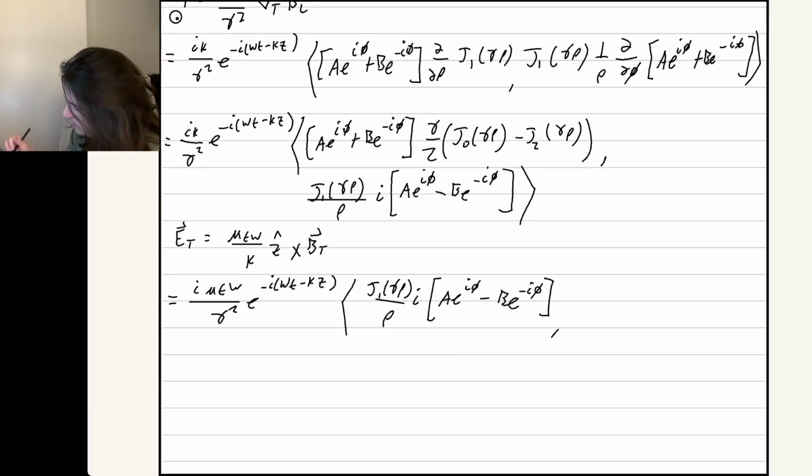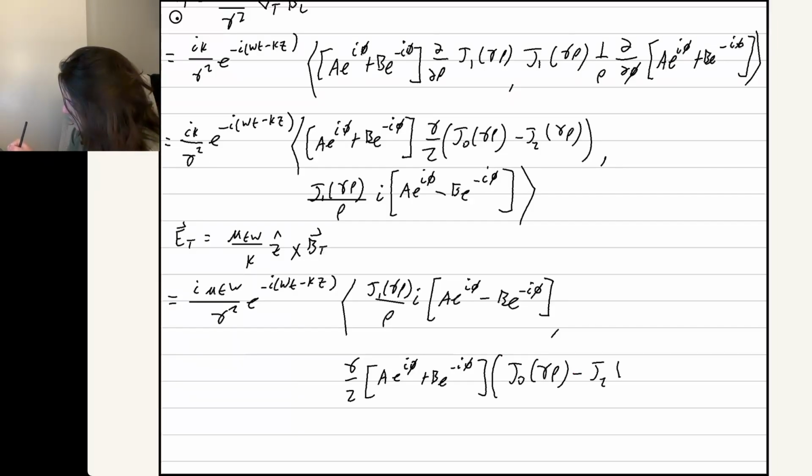And then your rho component is still just gamma over 2, A e to the i phi plus B e to the minus i phi, J0 of gamma rho minus J2 of gamma rho. Be careful, silly people. You're actually meant to throw a minus sign onto the phi component in this case. That's just how the cross product works. So you'll have J2 minus J0 instead of J0 minus J2 there.